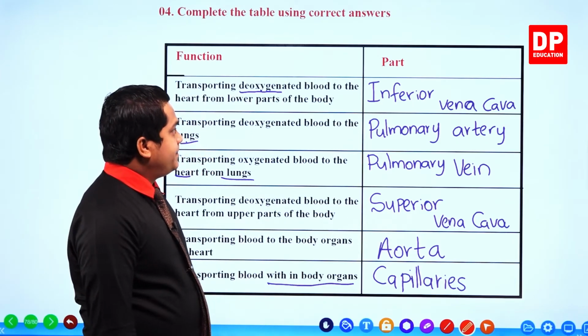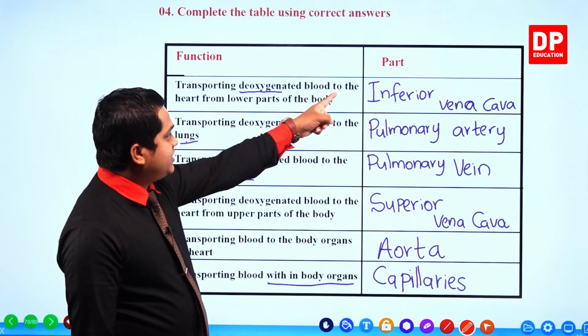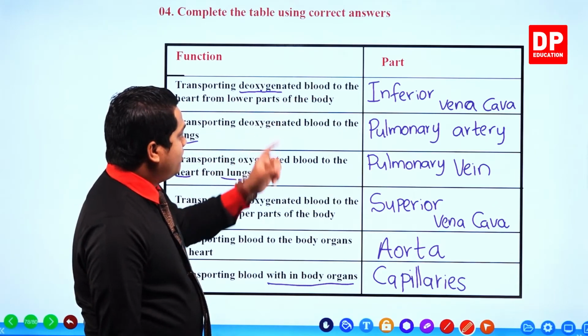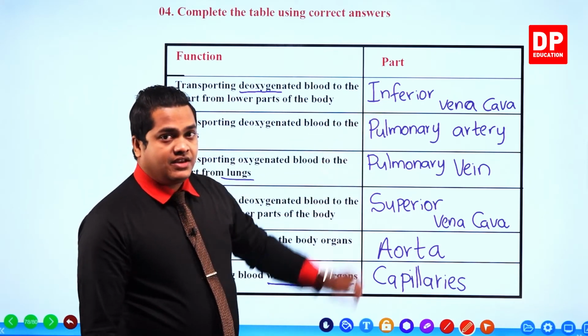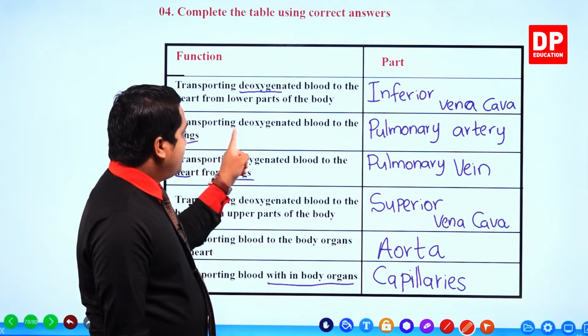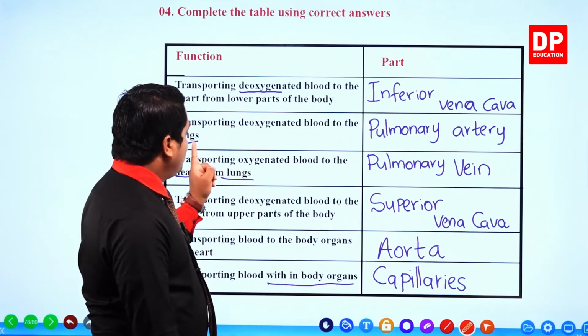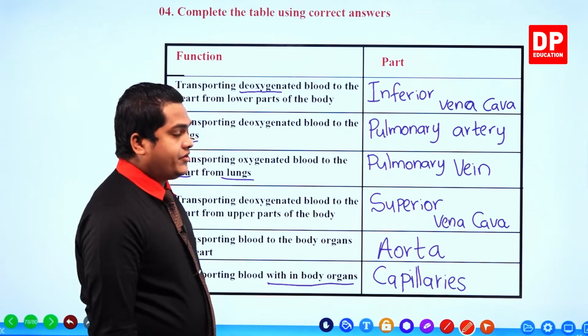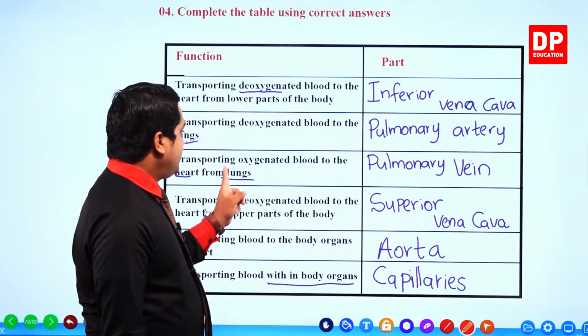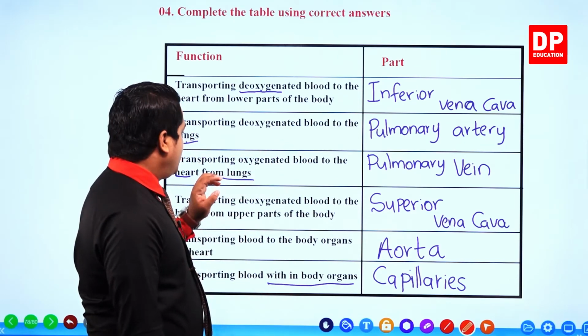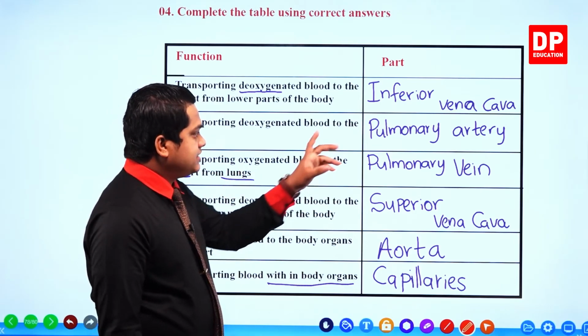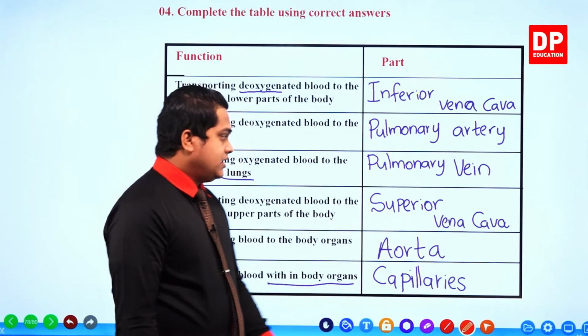So once again, transporting deoxygenated blood to the heart from lower parts of the body, inferior vena cava. Transporting deoxygenated blood to the lungs, pulmonary artery. Transporting oxygenated blood to the heart from lungs, pulmonary vein.